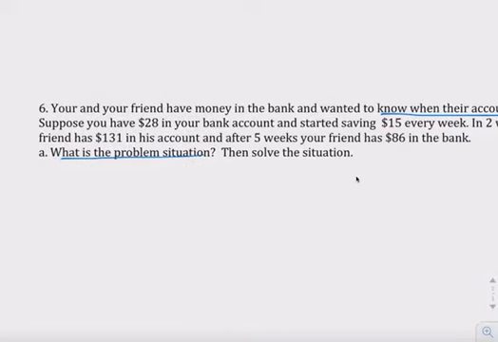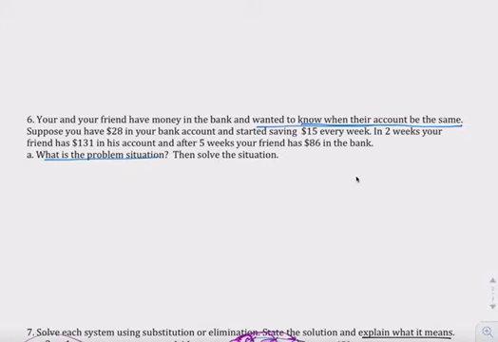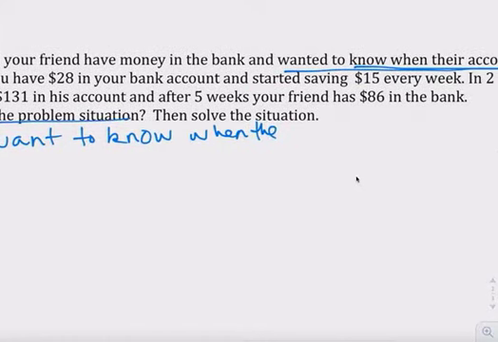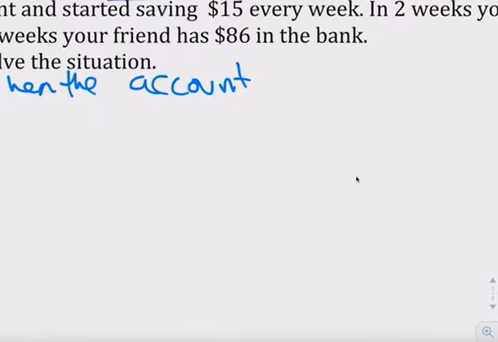So do it in your own words. You want to know when the account between you and your friends will be the same.